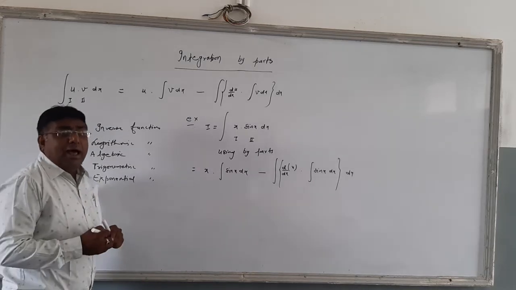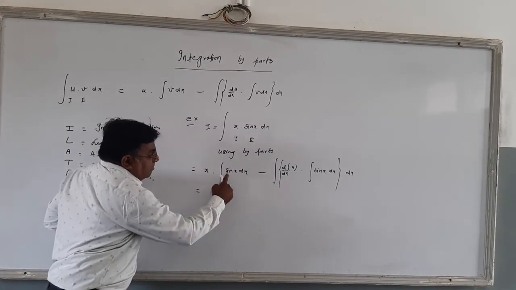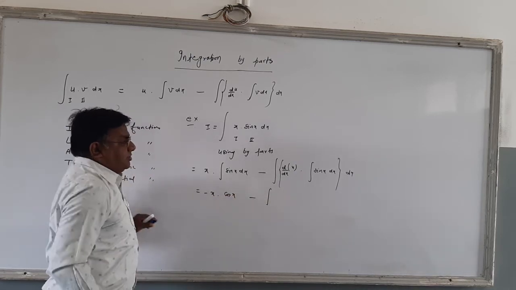So the by parts formula is applied here. Now to simplify: x as it is, the integration of sin is minus cos x, minus the integration as it is.